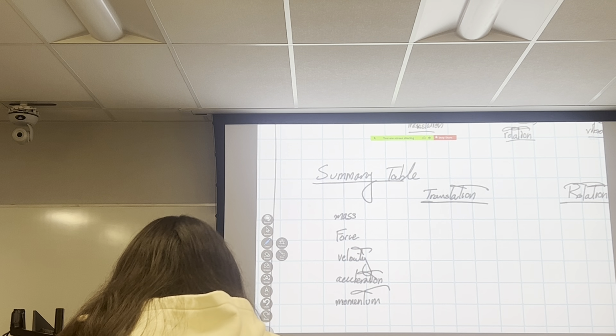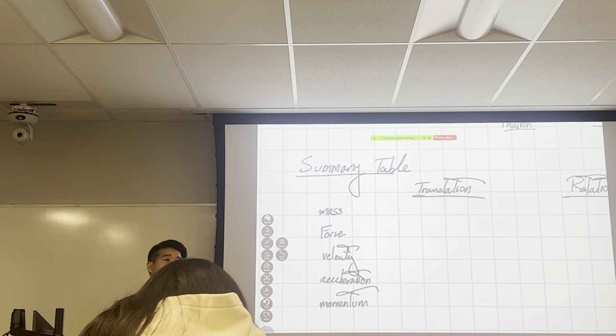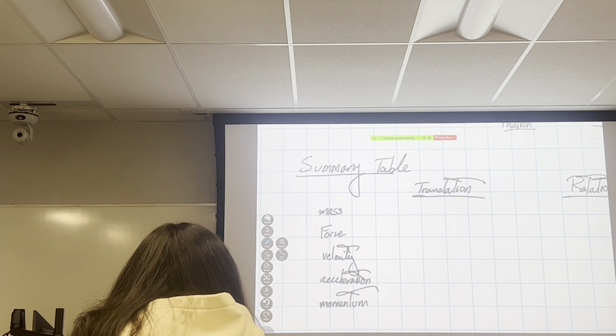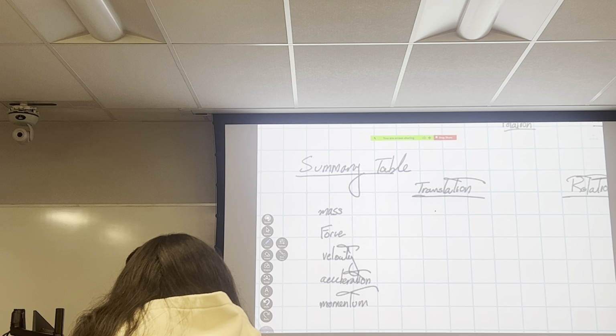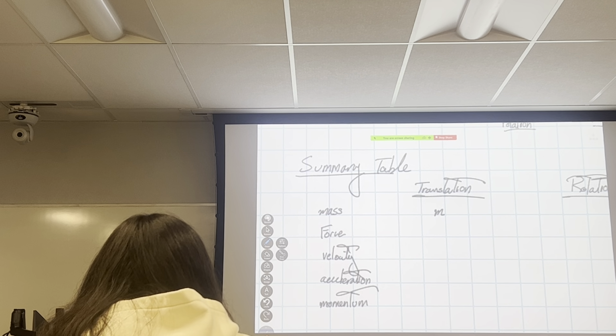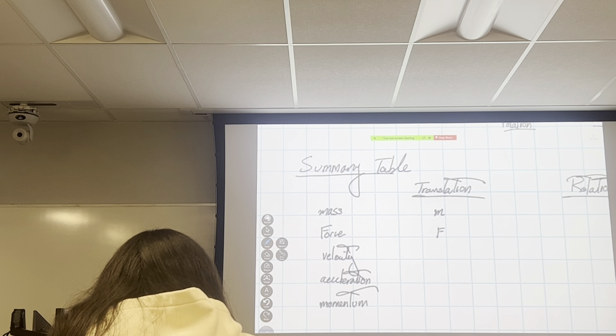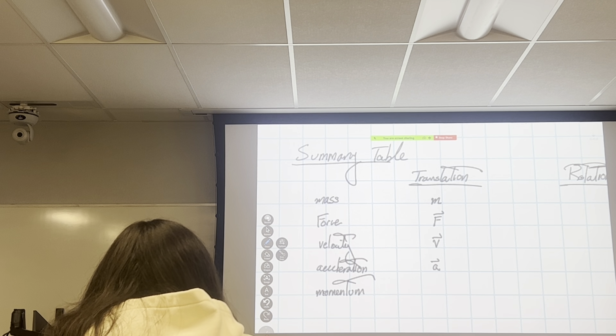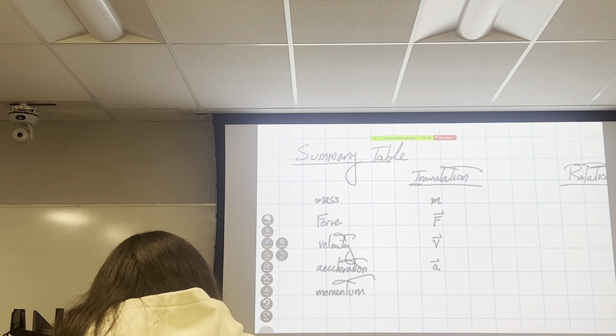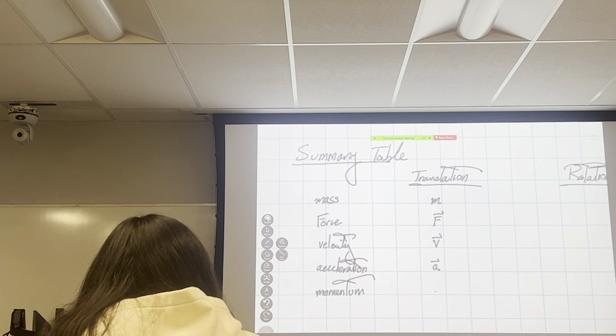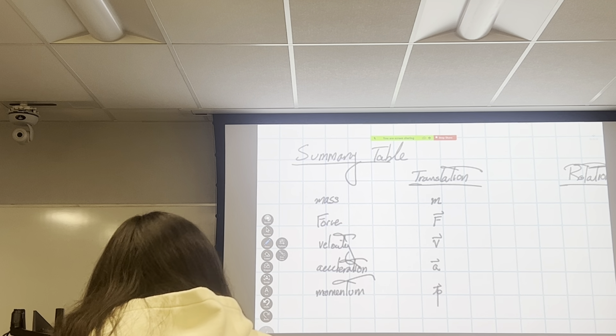In translational motion, we called mass, what symbol did we give it? Yeah, lowercase m. What about force? Capital F, and we have to remember that it is a vector. Velocity, we gave it v. Acceleration, we gave it a. Who remembers momentum? Yes, lowercase p.